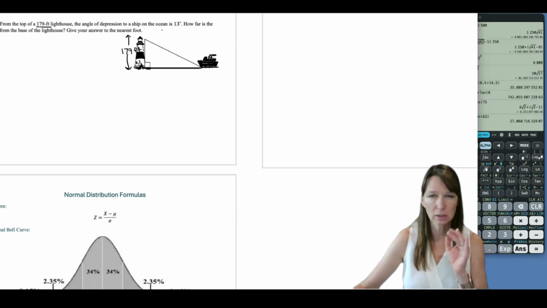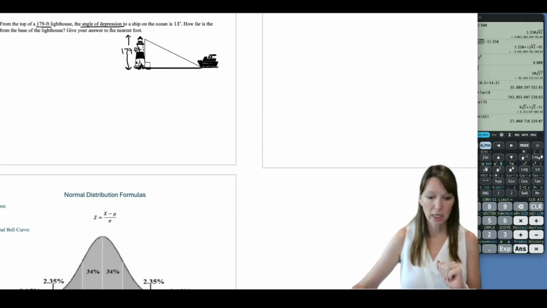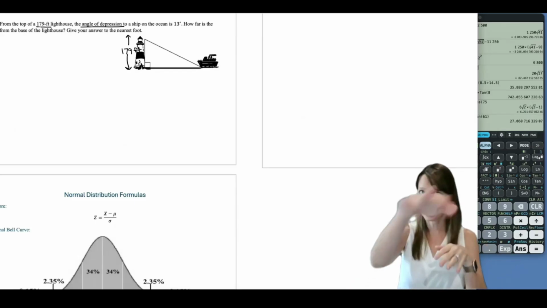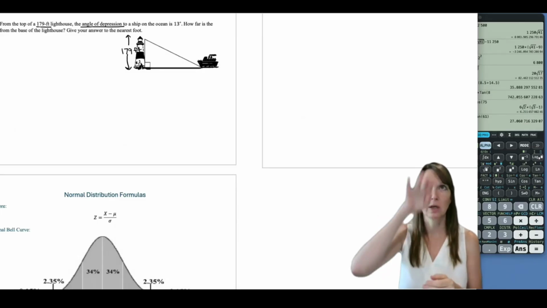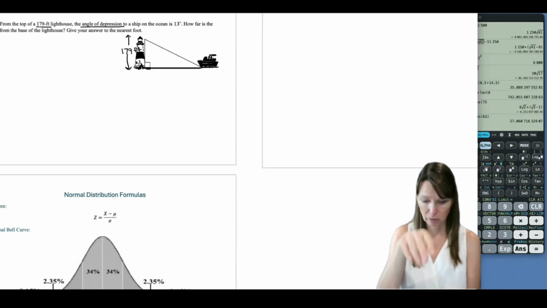This is where students can make mistakes because of that word, angle of depression. So angle of depression always starts from the horizontal and then looks up or down. So imagine you're at the top of the lighthouse and normally your eyes are out, right? Out over the ocean. Now, as soon as you look down to the ocean, that's your angle of depression.